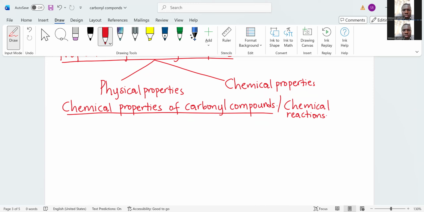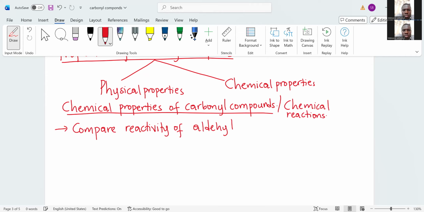We have two classes of carbonyl compounds. We have aldehydes and the ketones. So it is important to first compare the reactivity of aldehydes and ketones.